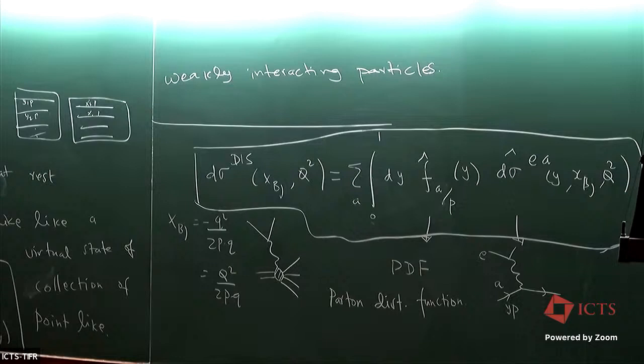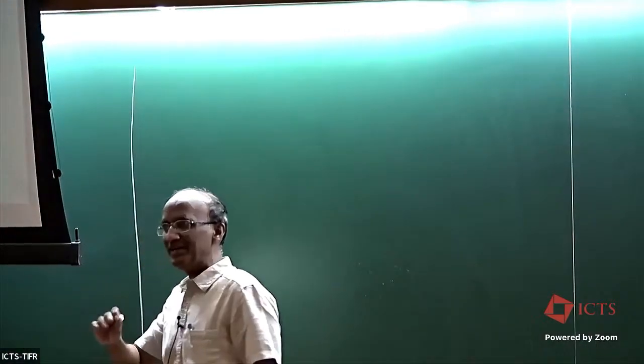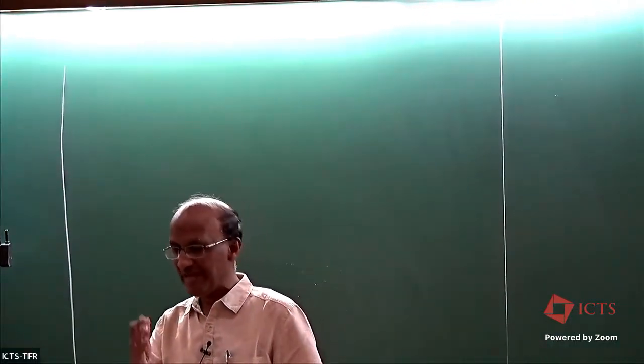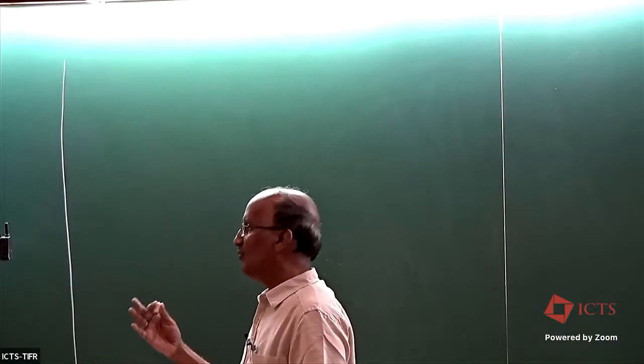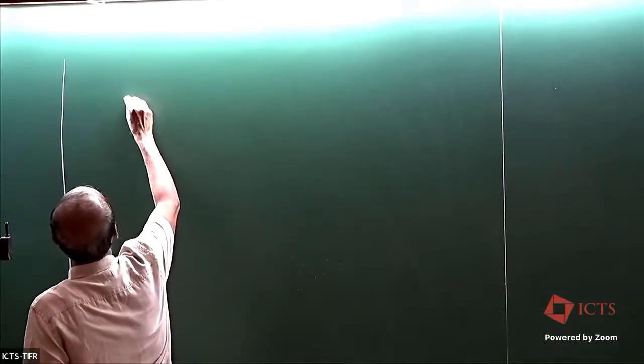Now you can start asking, can we extend this to some other processes? This is just in passing, but I will come back to DIS and related topics. Suppose I'm interested in the following experiment: I want to calculate the scattering cross section of producing two leptons in proton-proton colliders.